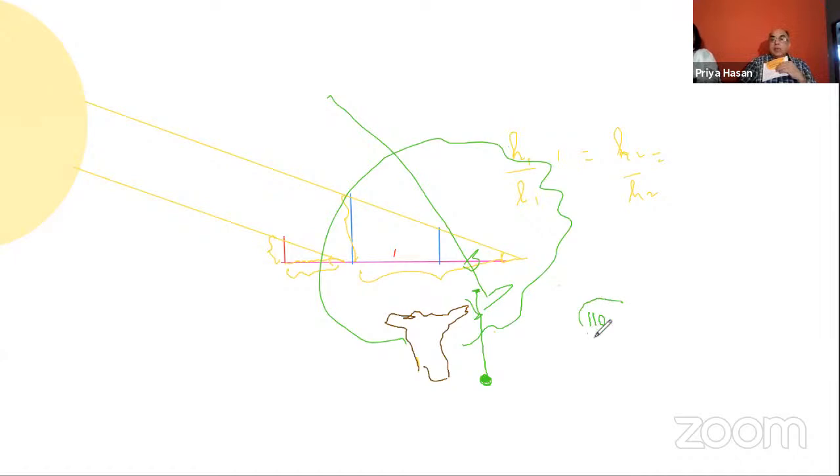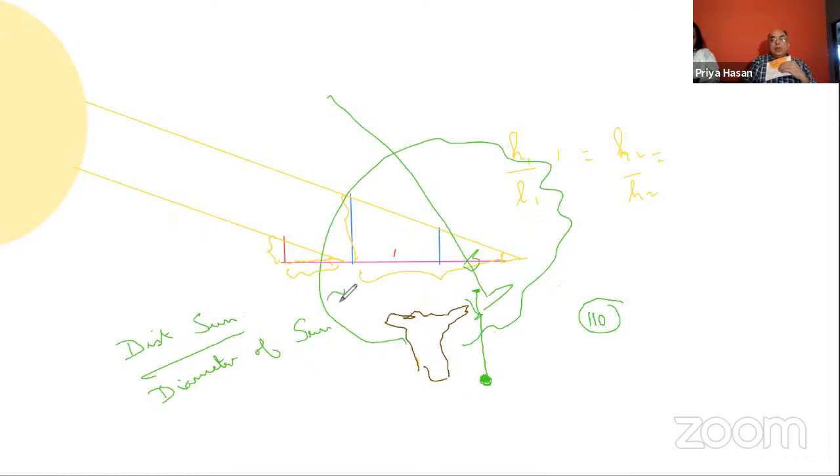And this number we get is if you take the distance of the sun from us and the diameter of the sun. If you look at these two things, it comes approximately to this number.